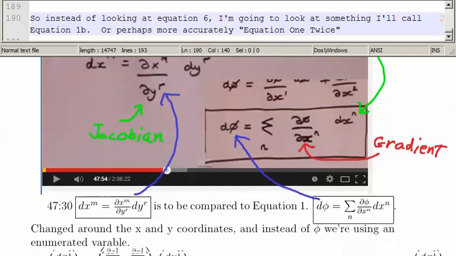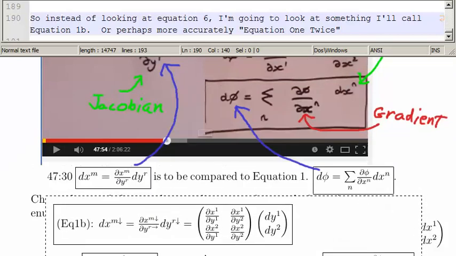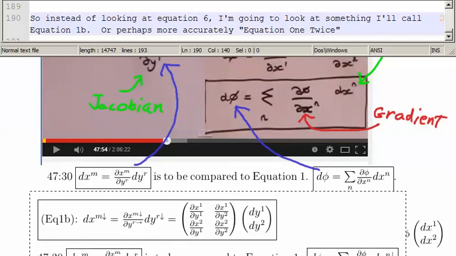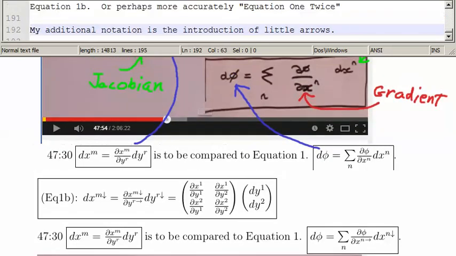Now I'm going to introduce a little bit of extra notation to this, so we can compare these more readily. My additional notation is the introduction of these little arrows. Instead of m, I have m down. Instead of r, I have r to the right. Instead of m, I have m down.